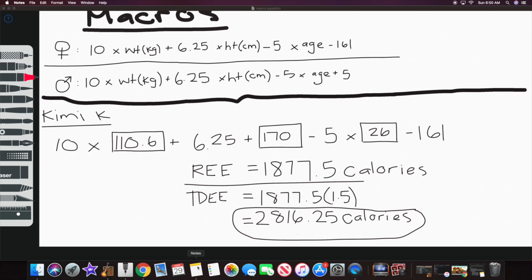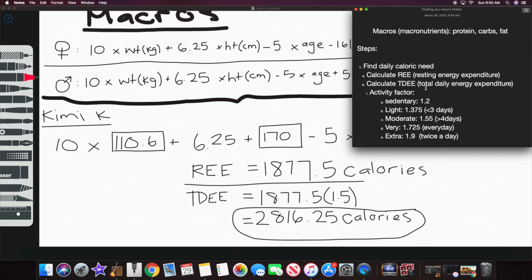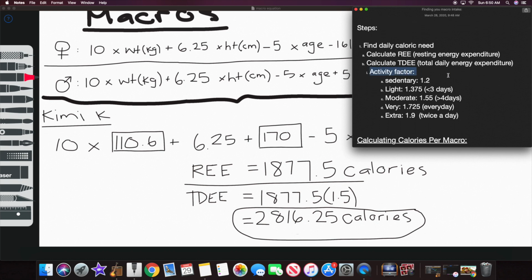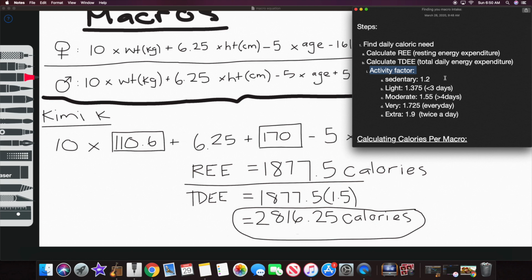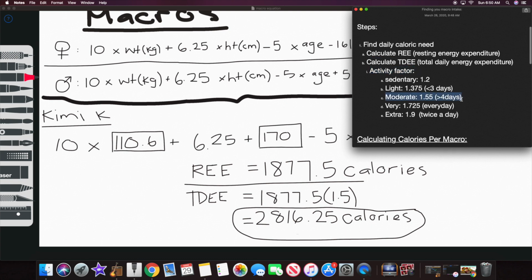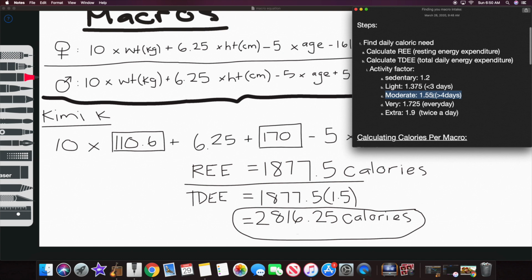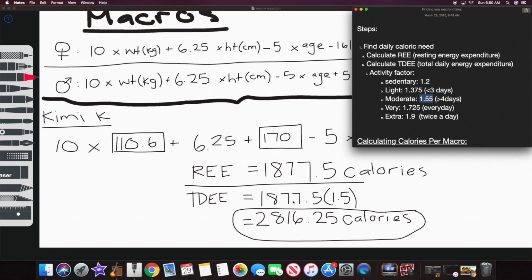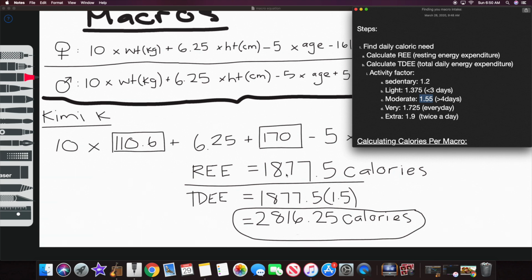Now, the next step is to find your total daily energy expenditure, which includes your activity factor, or how much you work out. I don't work out as hard as I used to with the gyms being closed, but I still try to stay fairly active. So I'm going to put myself as moderate, and I'm going to take this numerical value and multiply it by my REE calorie count.